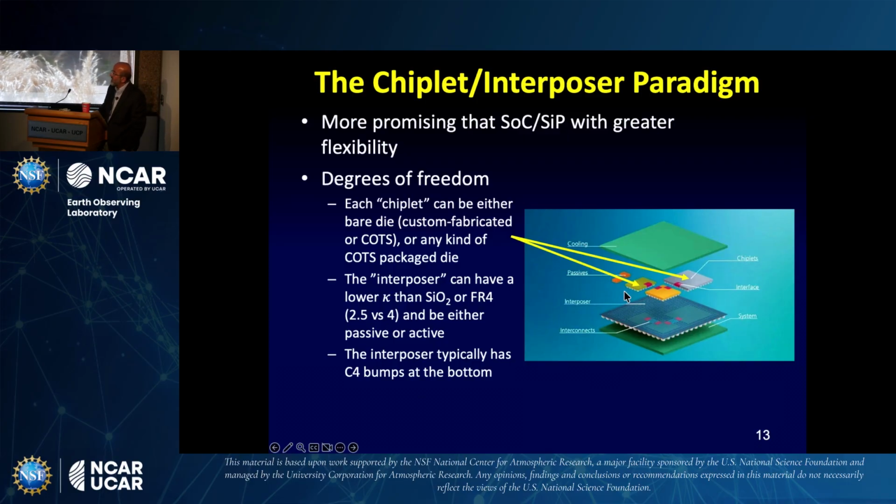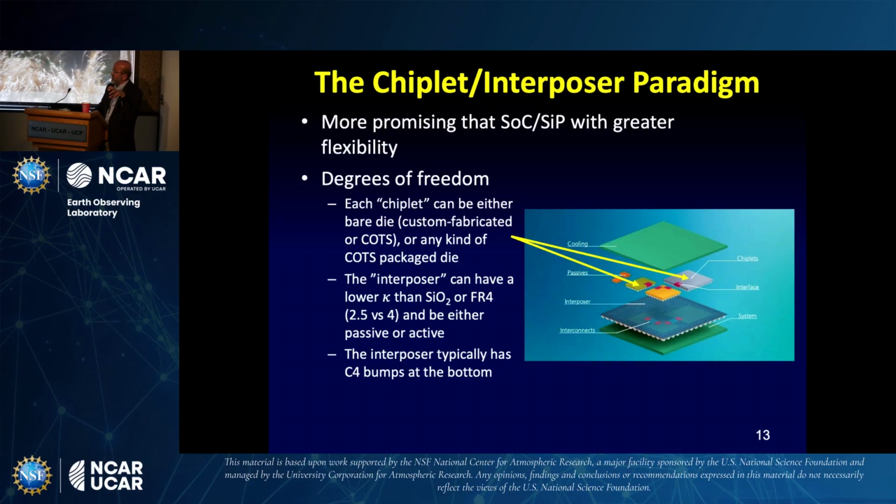So a chiplet can be a bare die, custom fabricated from TSMC, right? The fabrication houses of the world. Or I can say, let me get it commercial off the shelf, or COTS. I can get a COTS chiplet, or I can get a bare die COTS, or I can get a packaged die COTS. I have lots of flexibility in what I choose to be a chiplet, okay?